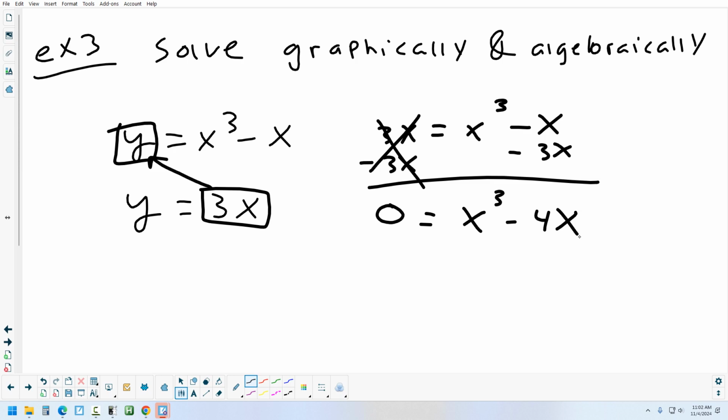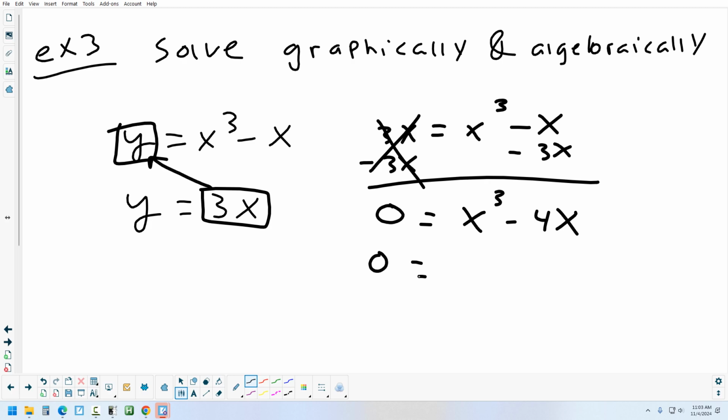And the reason we get 0 on one side is so we can do what to the right side now? If this was a quadratic, we would have the option of quadratic formula or this. But in this case, we only have the option of this, because it's not a quadratic. Factor, exactly. So we're going to factor that right-hand side.